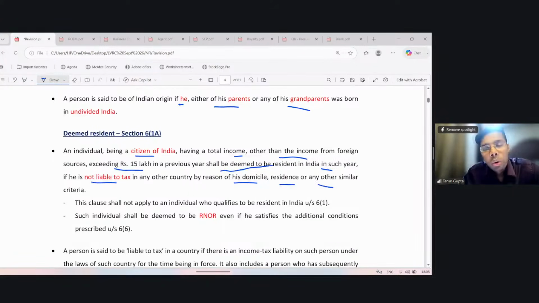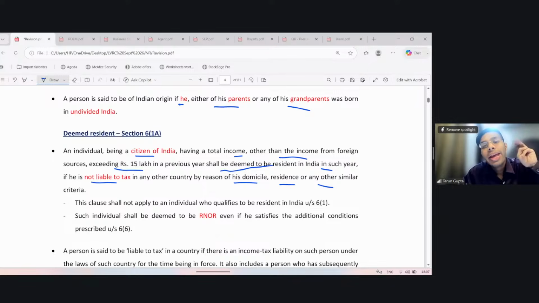Clear? So, if the individual is an Indian citizen, his Indian income plus income from business controlled from India, professional setup in India, exceeds 15 lakh rupees, and he is not liable to tax in any other country, then he shall be deemed to be resident of India.